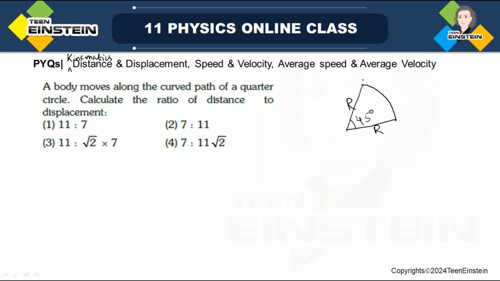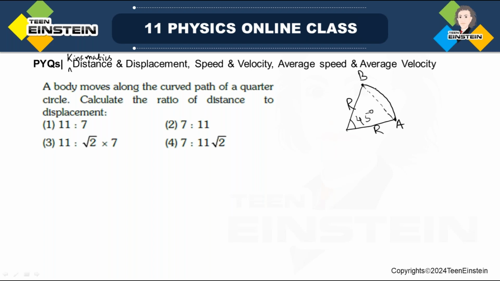Displacement will be the linear or shortest distance, suppose it is going from A to B. So displacement will be the shortest distance, this one. We have to calculate that.